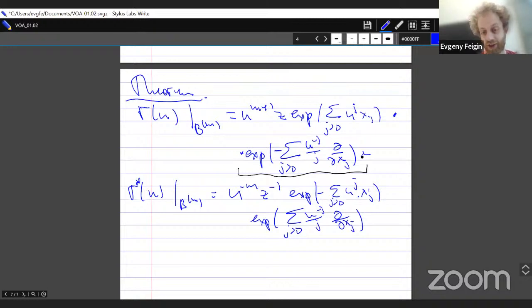Similarly, in the second equality this is also well defined. You see the product of two exponents, one written in terms of positive powers of u and another in terms of negative powers of u. But once again, this does not produce infinite sums, because if you apply it to a concrete polynomial, the second factor is actually finite.